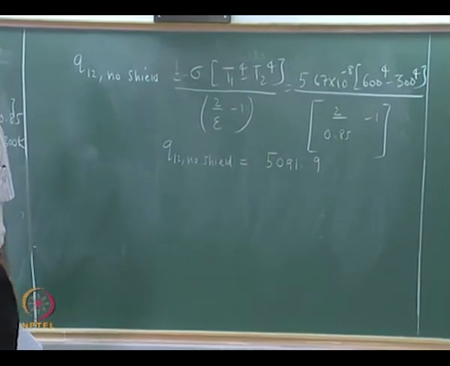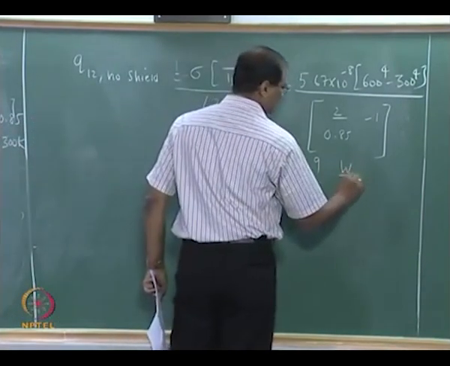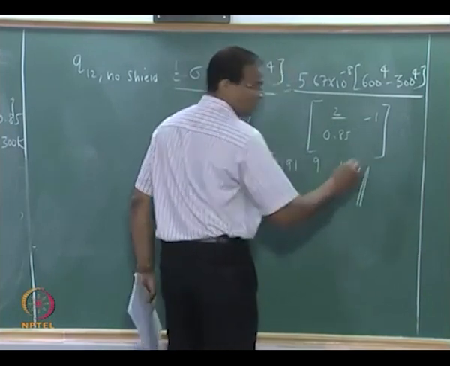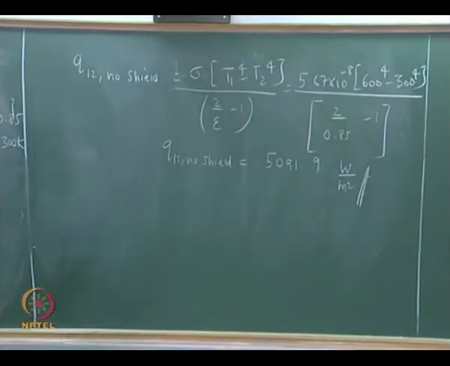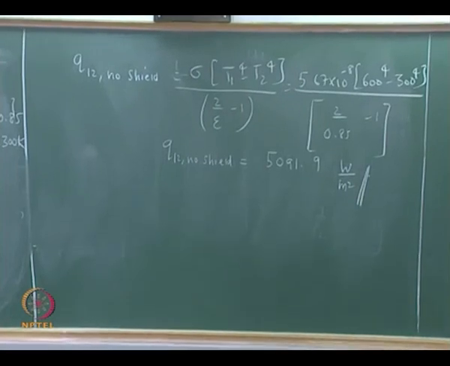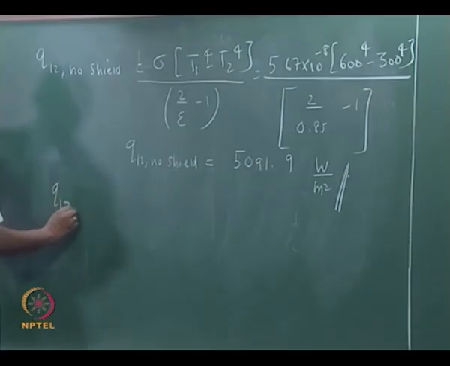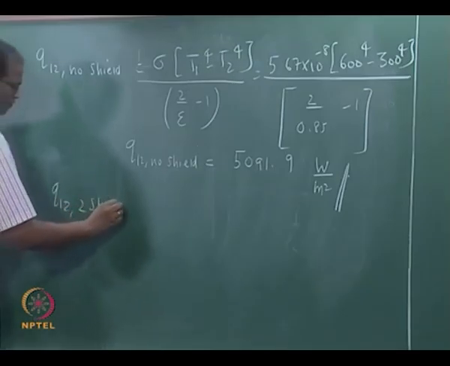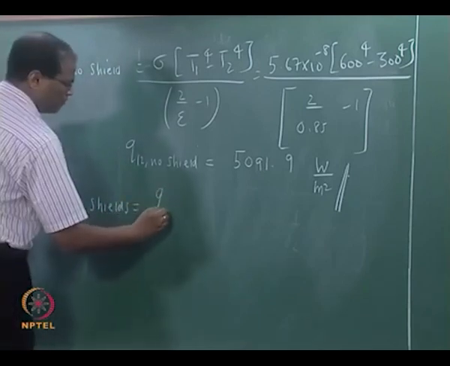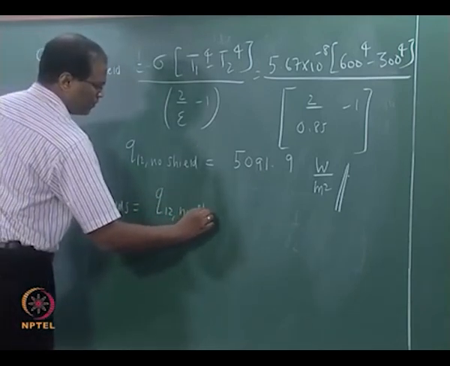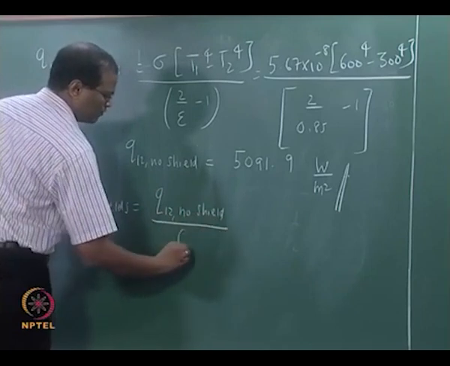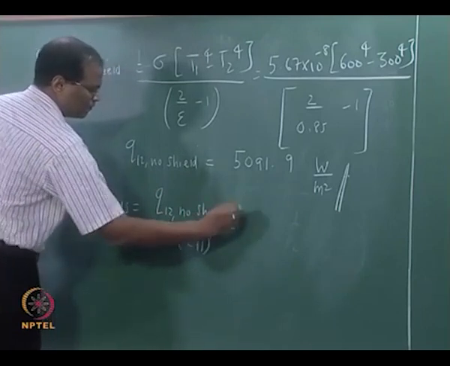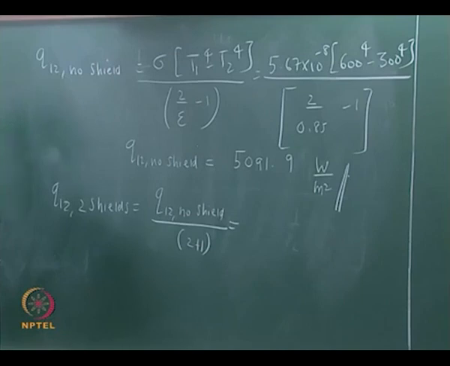Watts per meter square area. This is the first step. Now we have to do Q12 with 2 shields. Five thousand 91.9 divided by 3.